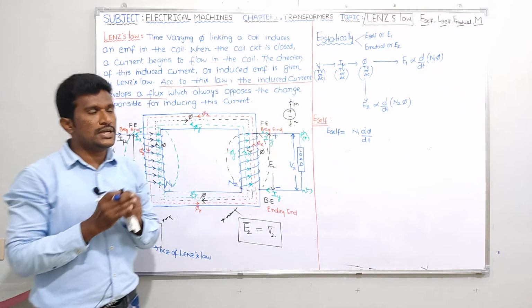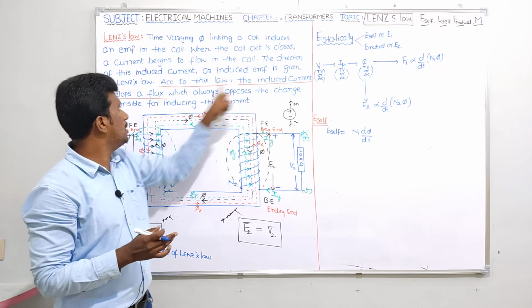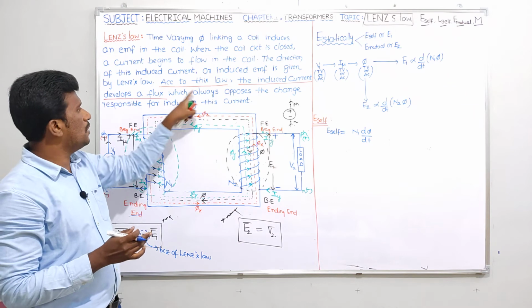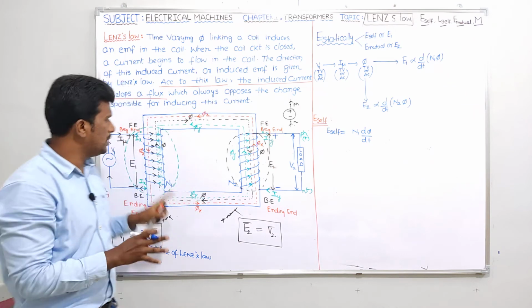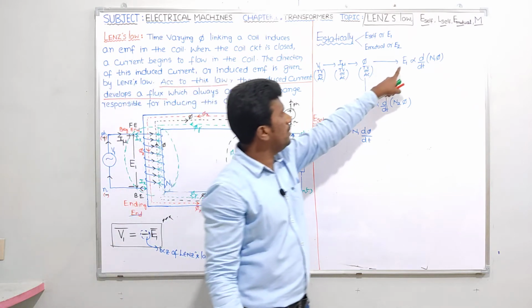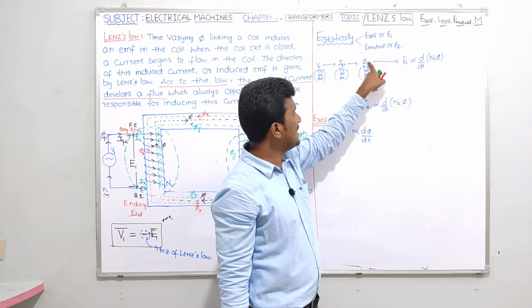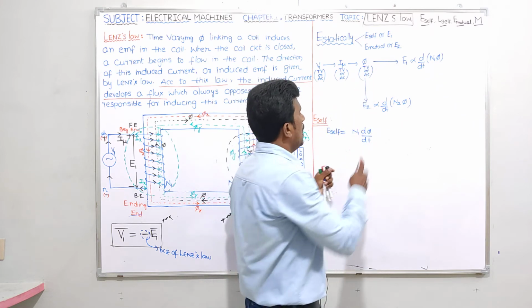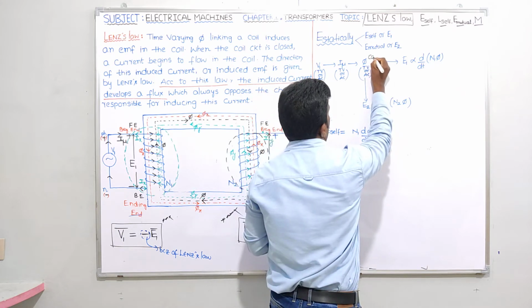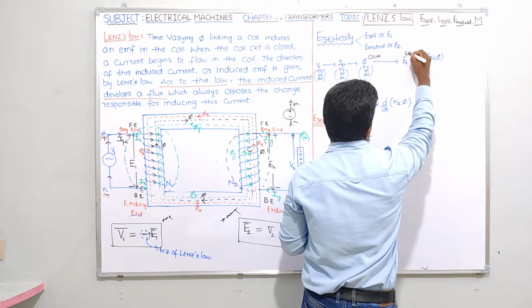And please try to see guys, Lenz law, what it says: according to Lenz law, induced current develops a flux which always opposes the change responsible for inducing this current. Very simple here also. This EMF E1 is because of this flux, so I can take this flux phi as cause, and I can take this E1 as effect.